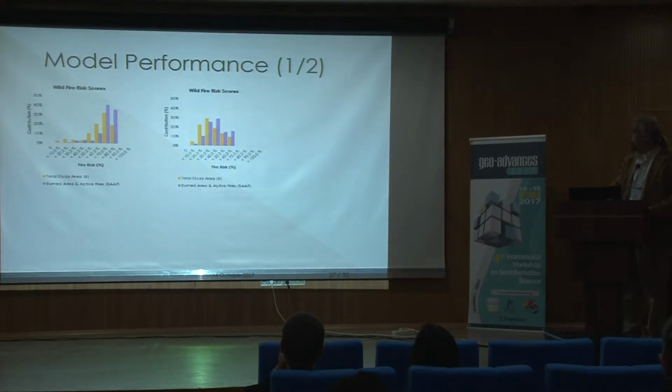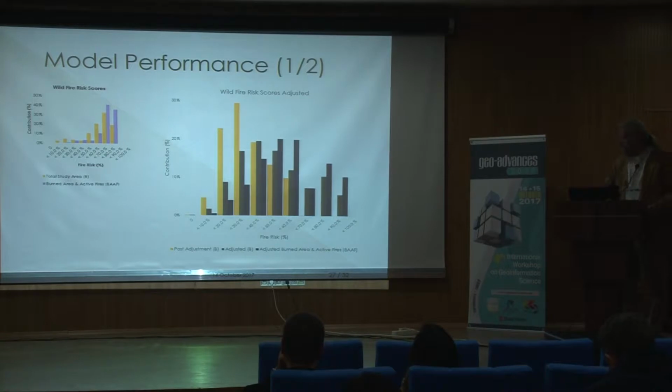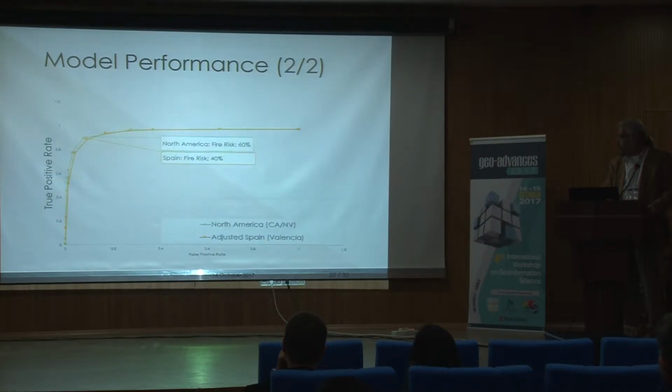Putting the model performance together, we see here the two main areas where North America is very prone to risk and Spain is less. When we correct that, Spain becomes more fire prone.